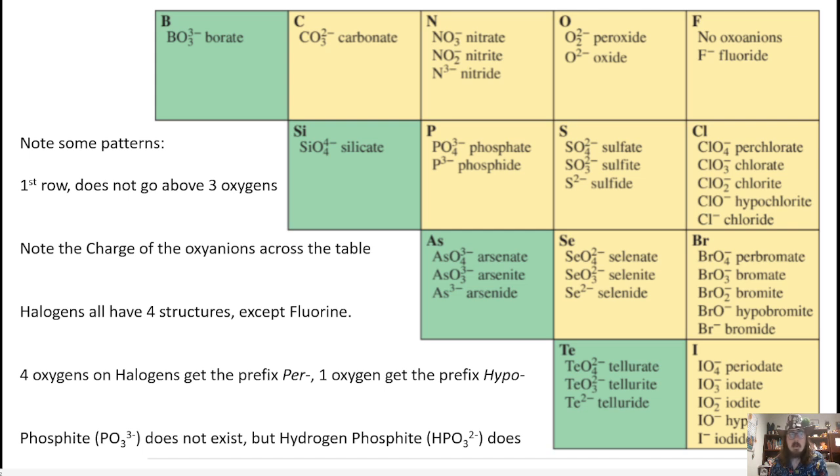You'll note that oxygen and fluorine do not have oxyanions. If we followed that trend, borate, carbonate, nitrate, oxygen would have been neutral, as we see in ozone, and fluorine would be positive.